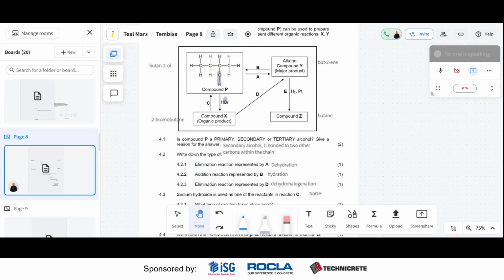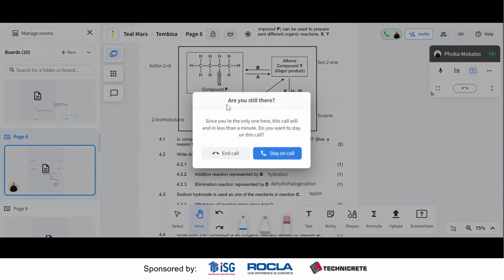Now, in actual fact, exactly what I was explaining just now is what would happen in reaction D. Concentrated NaOH would facilitate the complete transfer and would remove this Br.